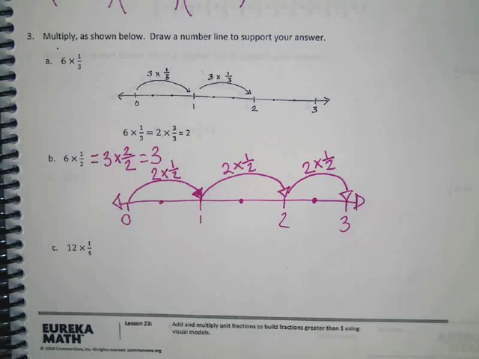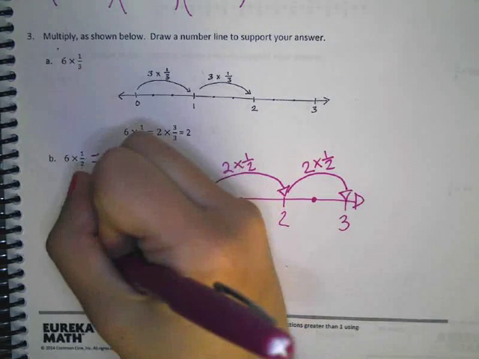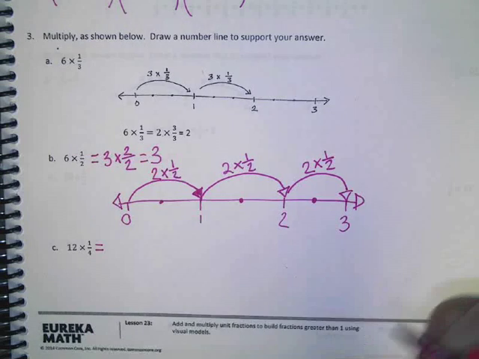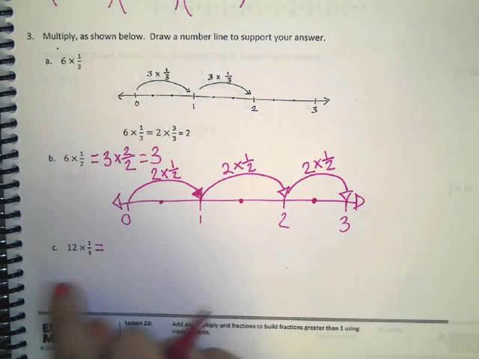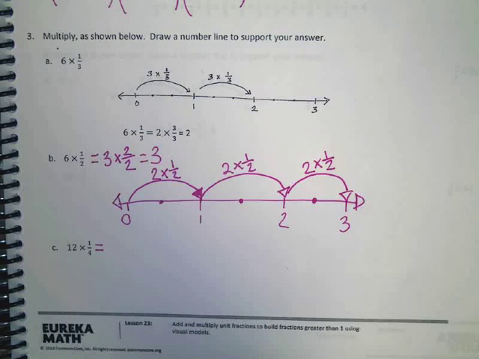All right, last one. 12 times a fourth. How many fourths do I need to make a whole? 4. So how can I make this into wholes? Al has an idea. What do you think, Al? 3.